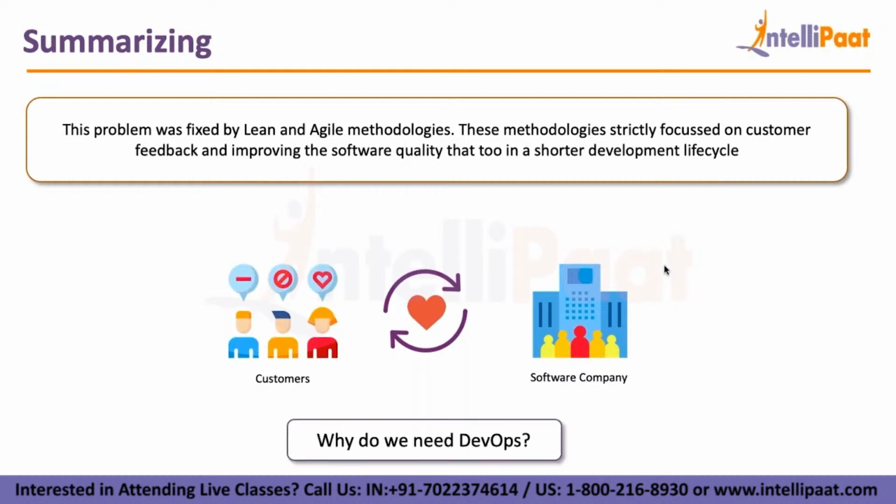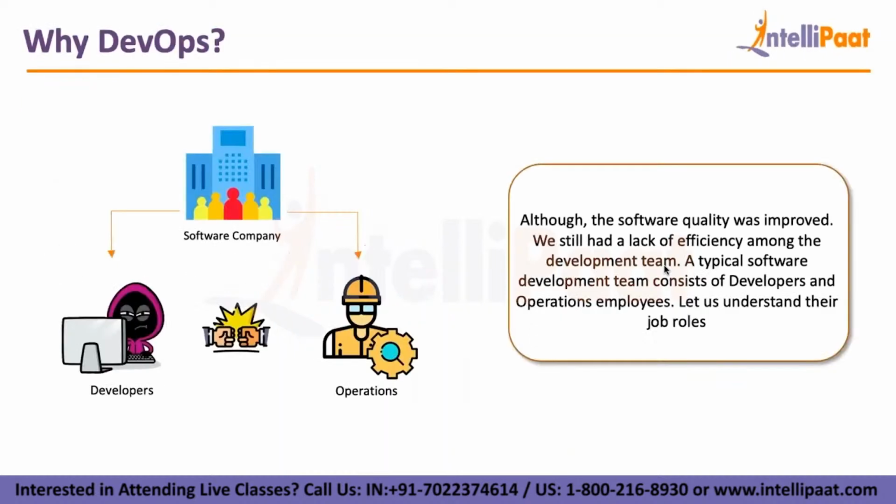Okay. So again, why did we need DevOps in the picture when everything looks good? The customer and the software company are now very much gelled up and can work together. So what was the problem? The problem was within the company.